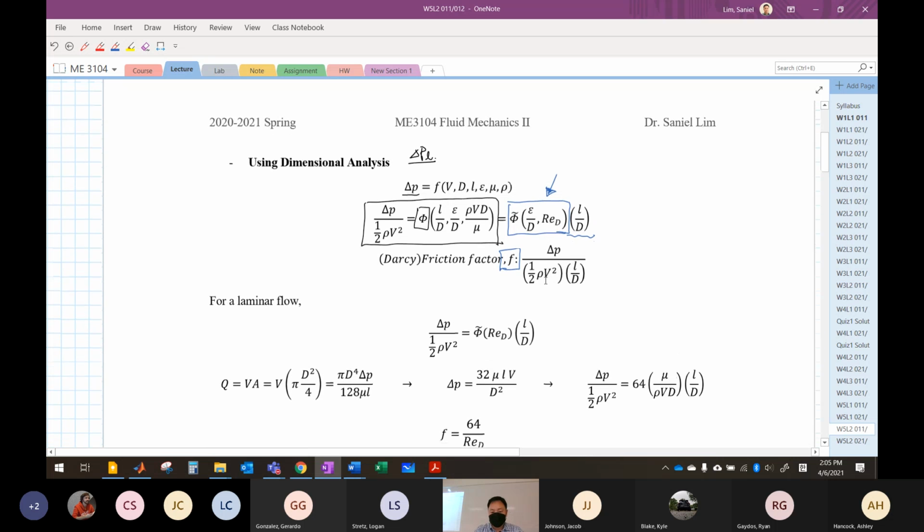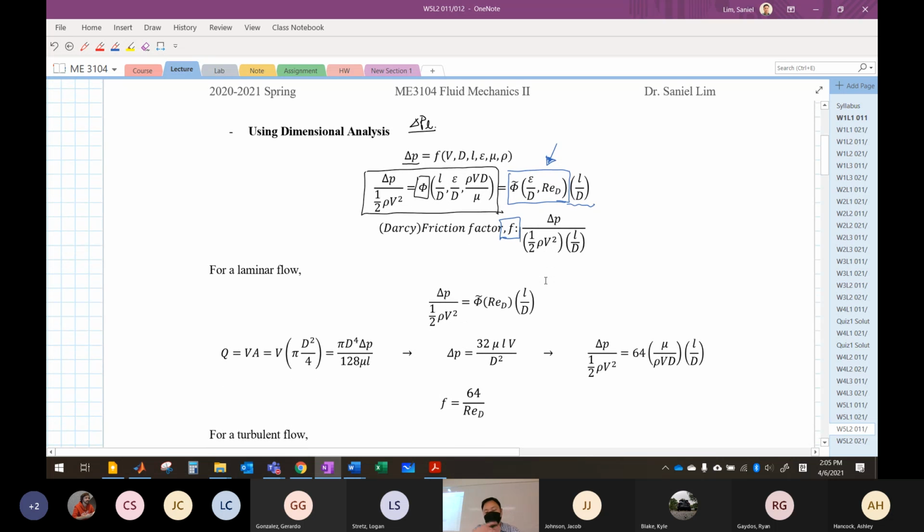Okay, from here, we put in some more assumptions. If it's a laminar flow, it is built with a no-slip condition from the wall. Then we don't have any effects from the surface friction or the surface roughness. So we can take this dimensionless group out.